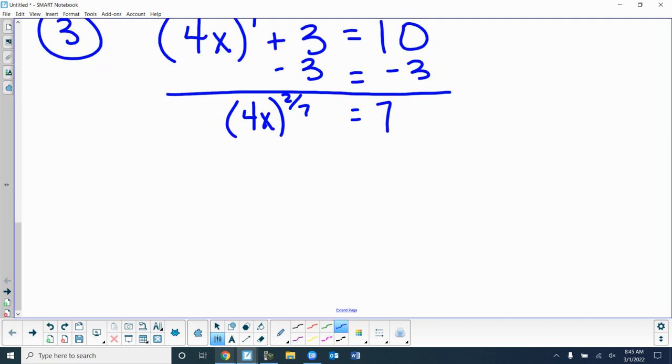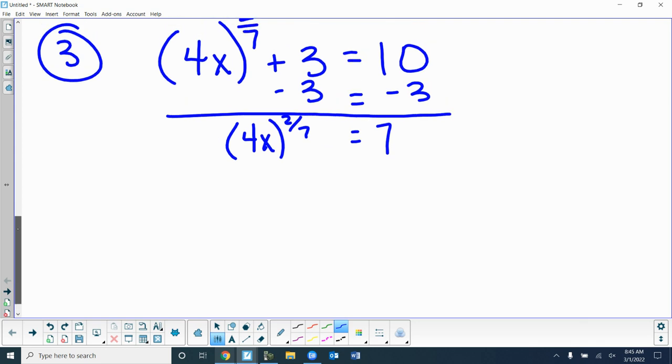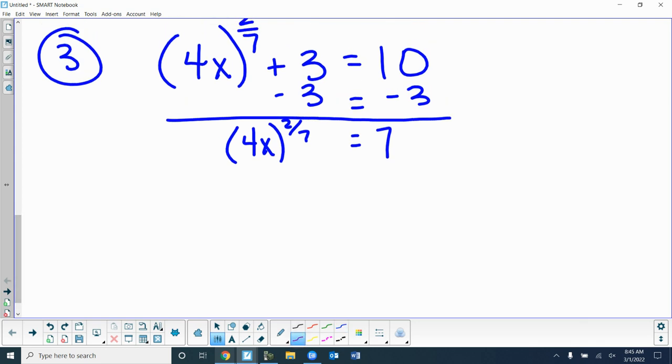Now, how do I get rid of that 2/7 power? Yeah, raise it to the reciprocal power. Because what is 2/7 times 7/2? 1. That's what we want that exponent to be, a 1, right? That's why we do that.